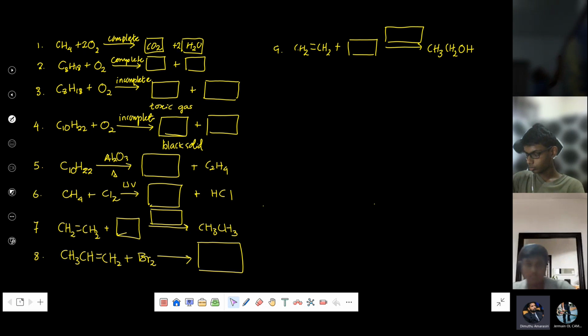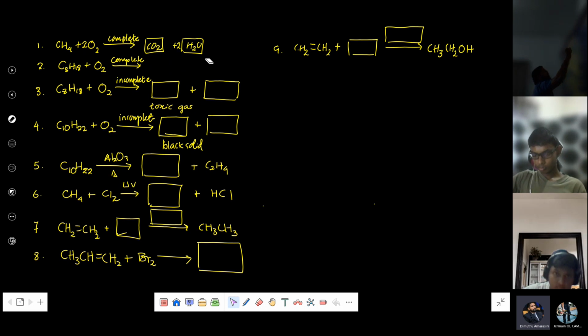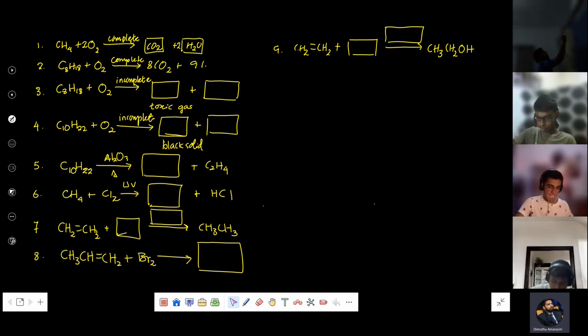C8H18. Right? So it's going to be 8 carbon dioxide plus 9 H2O. Why? There are 8 carbon atoms, so you need to get 8 carbon dioxide.